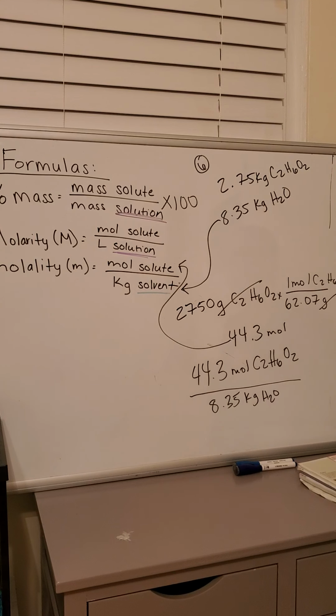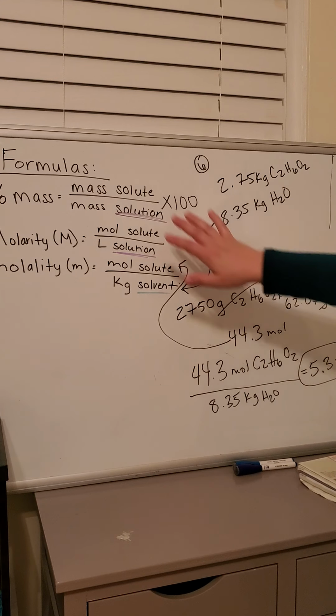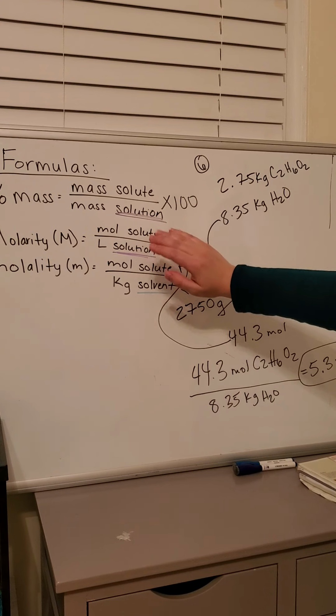When you divide those, you will get 5.3 molality. Sorry about that confusion with the kilograms to grams. If you have any questions on that one, please let me know. Those are all examples of how to do percent by mass, molarity, and molality.